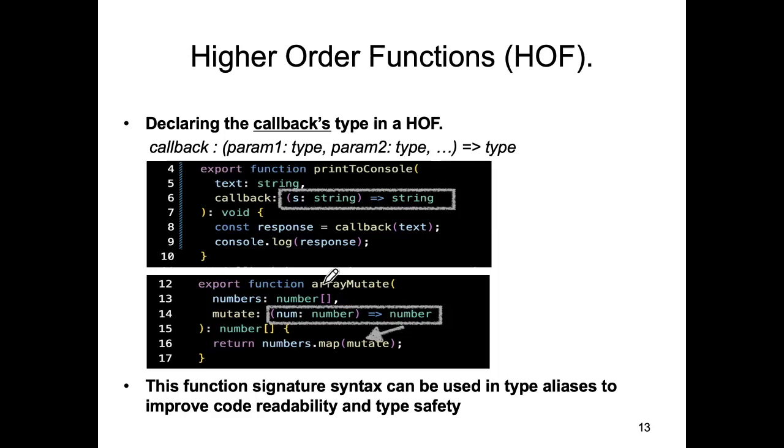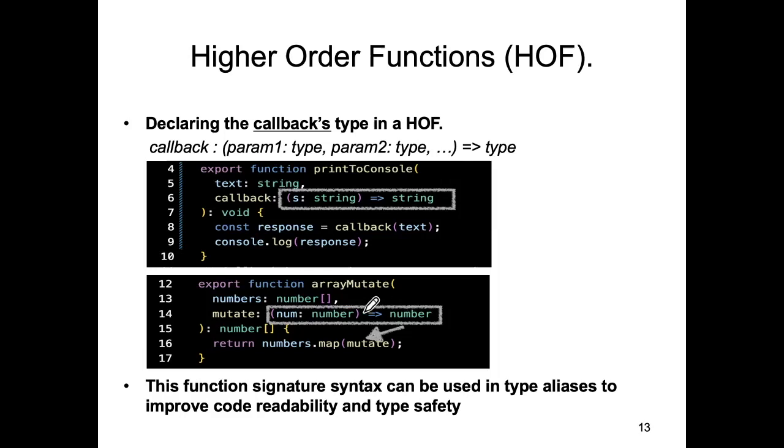Here's another example. I've got a function called array mutator. It takes an array of numbers as its first parameter, and the second parameter, in this case, also happens to be a function. And in this case, the function has to honor this signature here. The function's parameter list comprises one parameter, and its return type has to be a number.